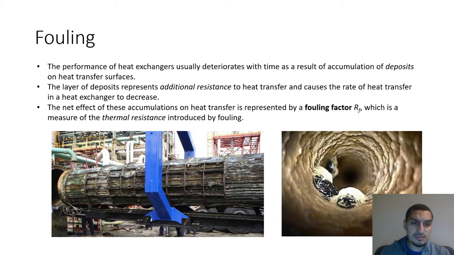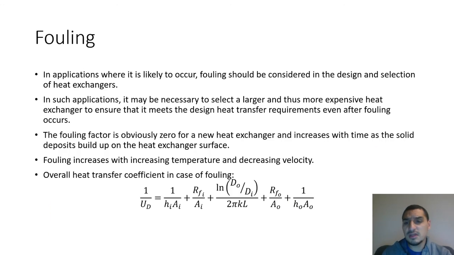That's why in the overall heat transfer coefficient we should take into consideration that there is a term for fouling inside and outside the tubes, and that's why we have what we call the U design, which is the design heat transfer coefficient, not just the overall heat transfer coefficient.